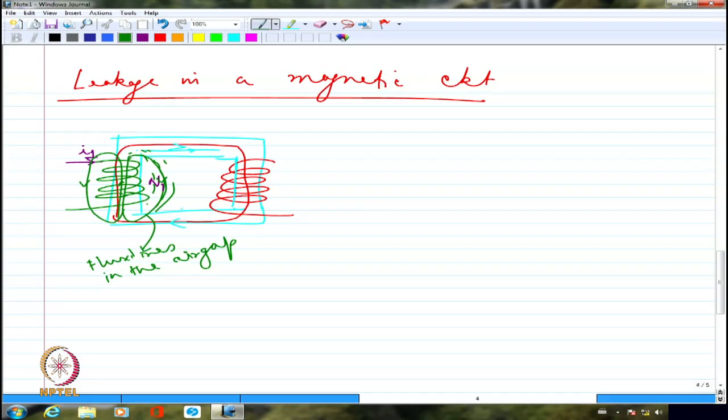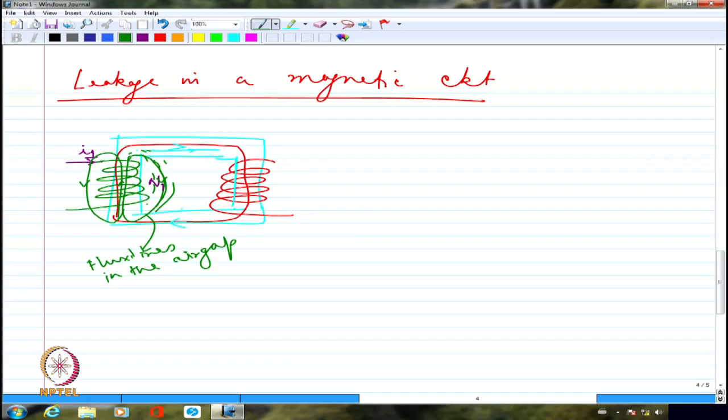If the primary flux is linking with the secondary, only then I'm going to have an induced EMF. Most of the flux actually links with the secondary, but some of the flux lines, maybe very few, will not link with the secondary. So those are useless. They are not going to really contribute towards the voltage production on the secondary side.